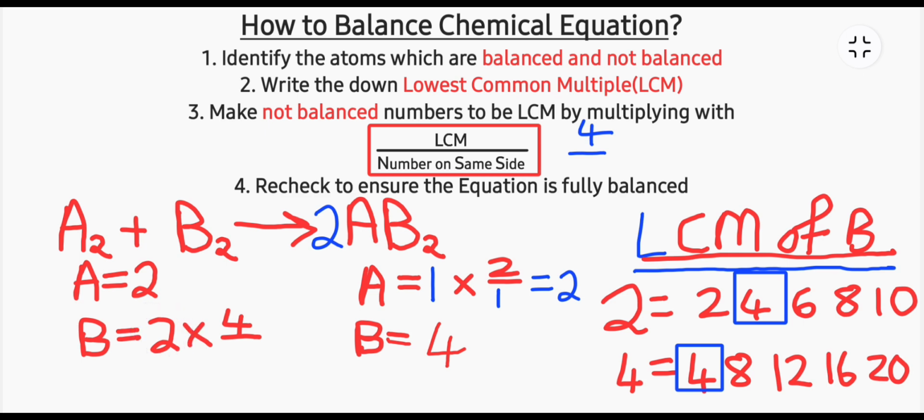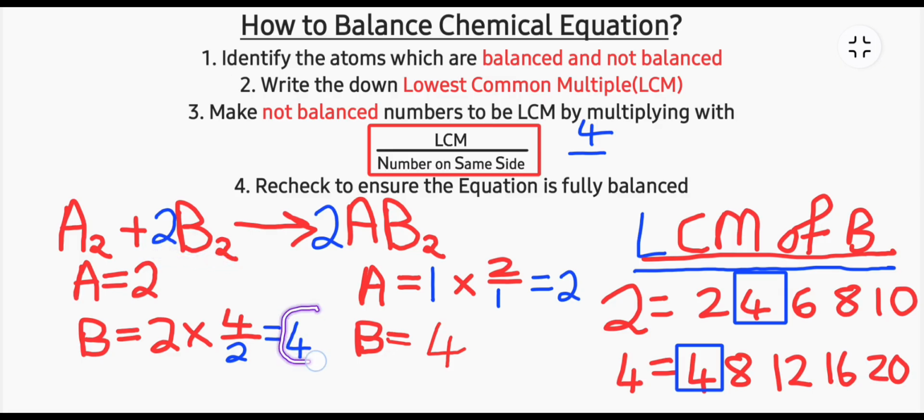So 4 over 2, and 2 into 4. Now that it's 4, that's the LCM, that's when I will take this 4 over 2 to multiply in front of B2. So as I multiply in front of B2 with 4 over 2, we get 2.